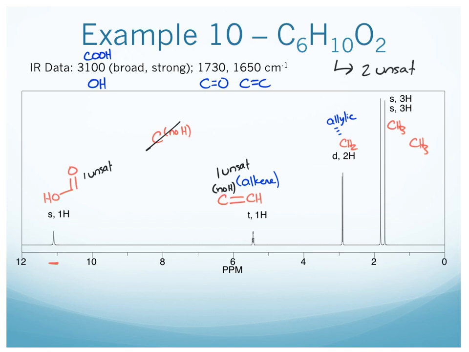Okay, so let's see what else we can connect together. Well, I have this CH2 that is a doublet, and it's allylic. Well, if it's a doublet, it needs to be connected to something with just 1 hydrogen. Well, what's my option? I can connect it to this alkene carbon, and that turns that into a doublet and makes it allylic like it should be.